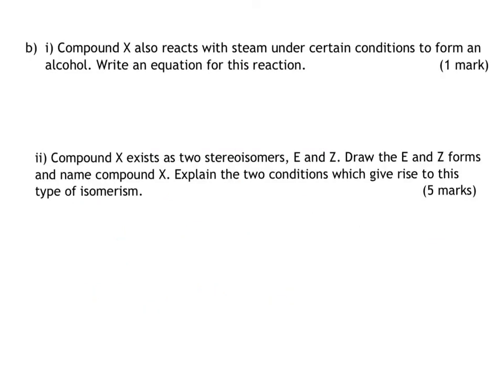So compound X also reacts with steam, and so again this is just another addition reaction. It says certain conditions because water doesn't add to an alkene normally at room temperature. It would be using a catalyst and high pressure, but the point is you could write C5H12O.